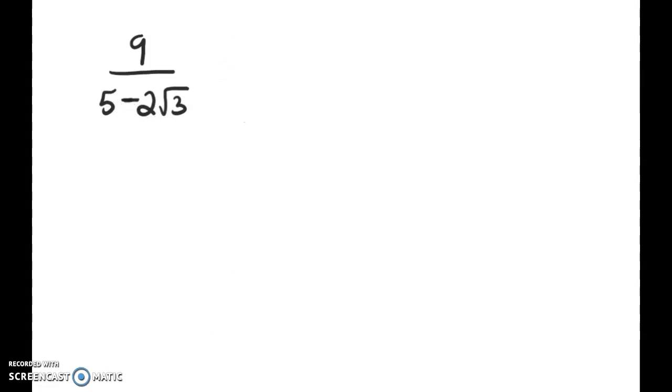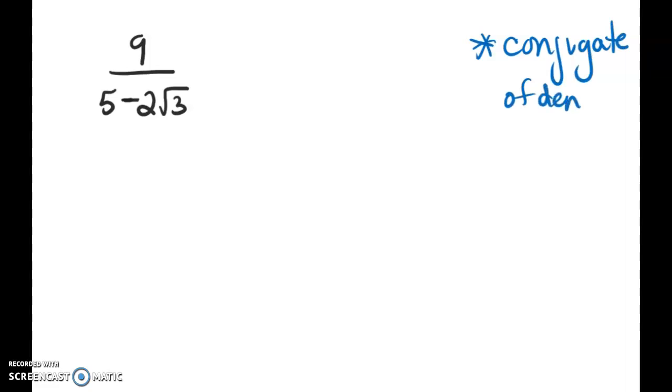Instead, what you have to do is multiply the numerator and denominator by the conjugate of the denominator. So what is the conjugate of the denominator? Well, if you have a plus b, its conjugate is a minus b.